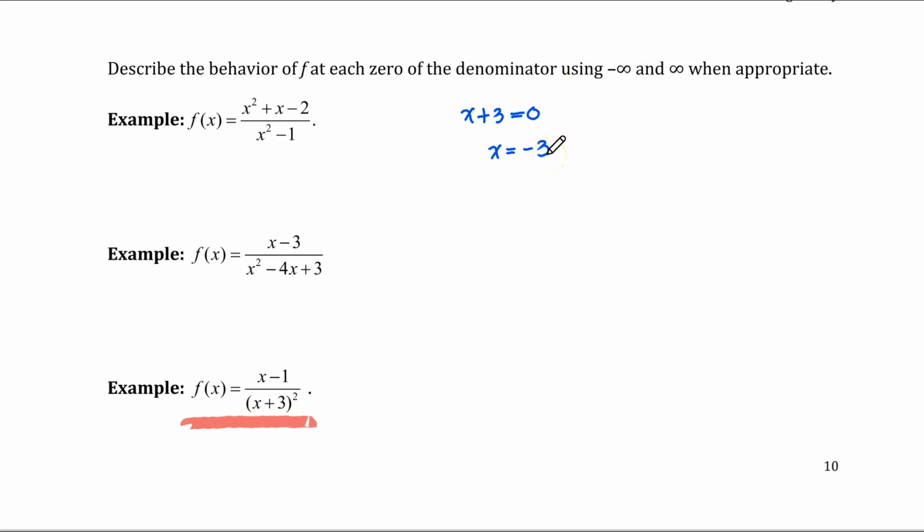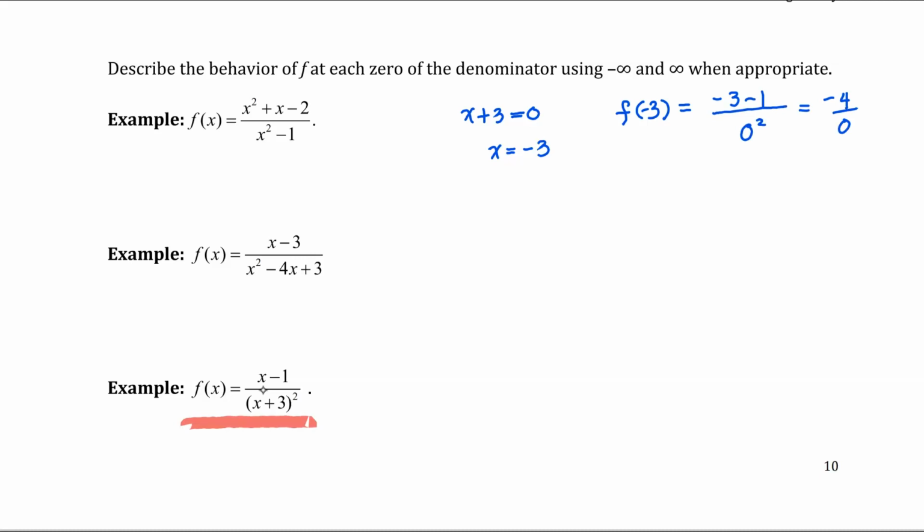Then you check whether at this value of x you have a hole on your graph or you have a vertical asymptote. To do that, you just have to plug in that value to the function and evaluate the function. Now, if x is equal to negative 3, you have negative 3 minus 1 divided by 0 squared.